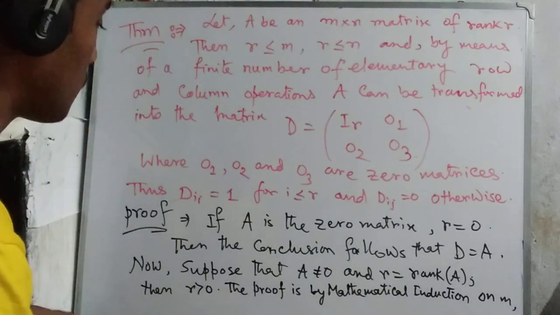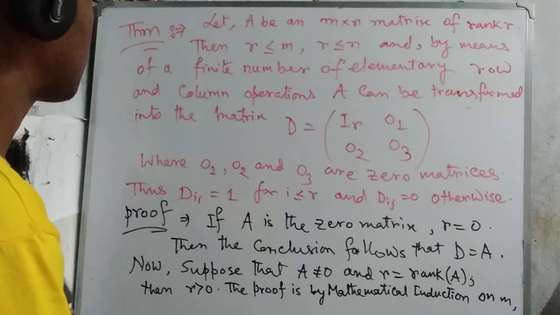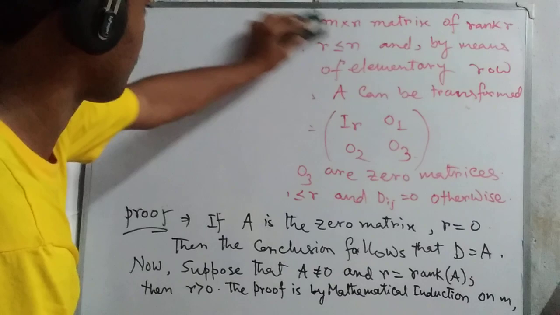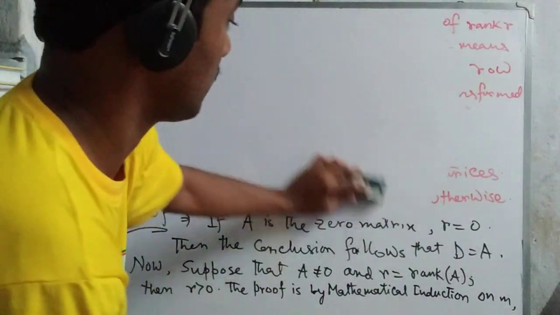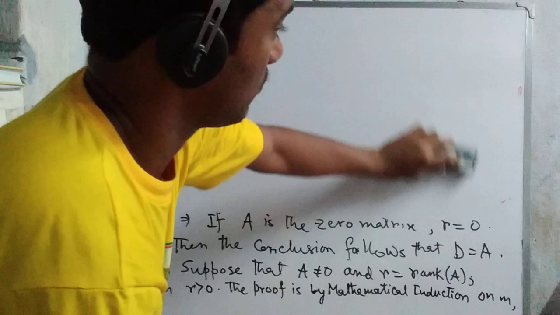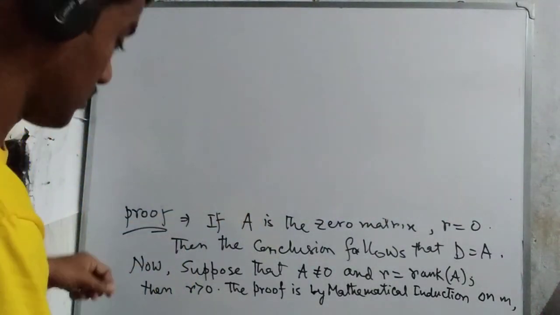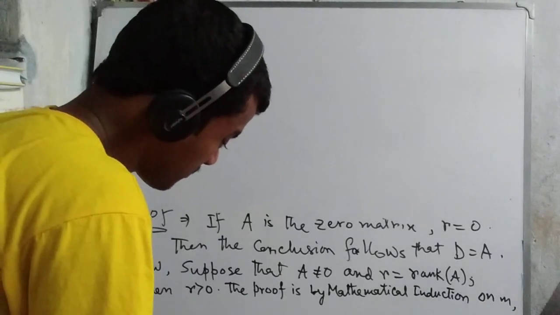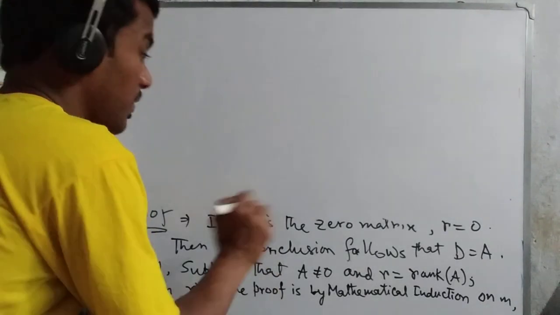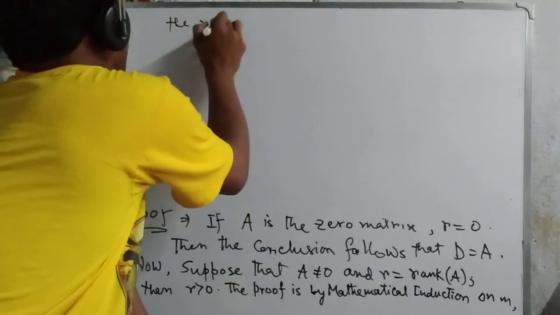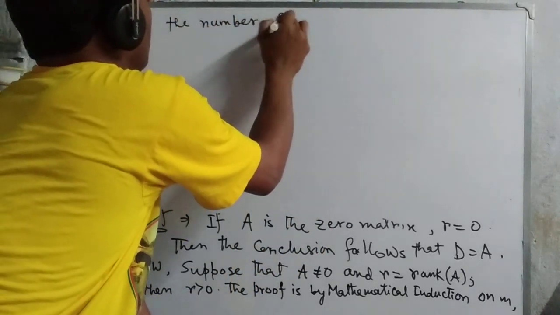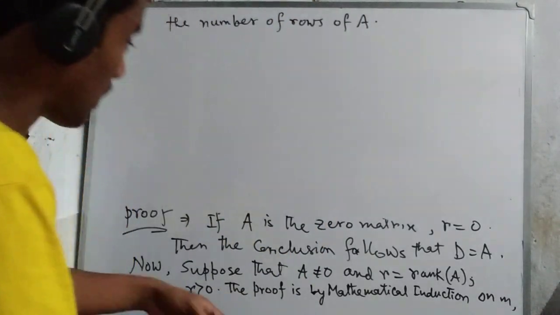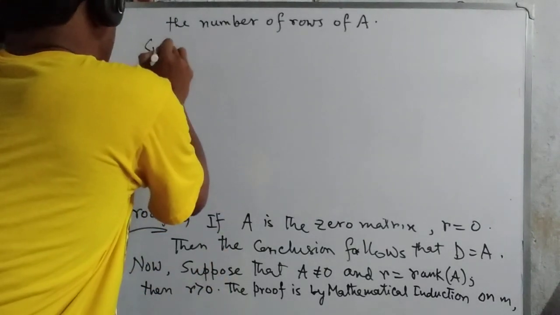So now we erase our portion and go on to further discussion of that. Mathematical induction on m, the number of rows of A.